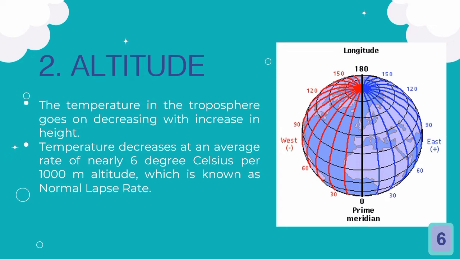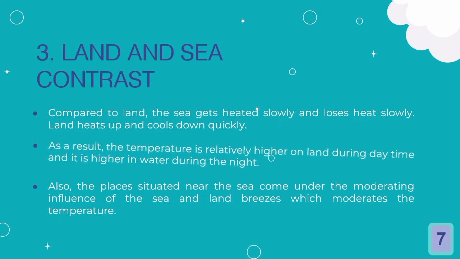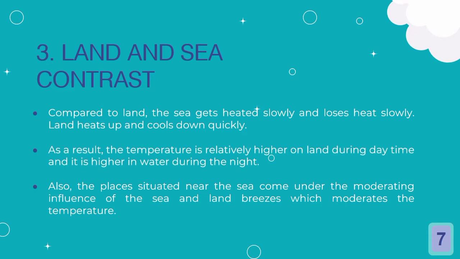And then, next, number 3 is the land and sea contrast. Compared to land, sea gets heated slowly and loses heat slowly. Land heats up and cools down quickly. As a result, the temperature is relatively higher on land during daytime and it is higher in water during the night.